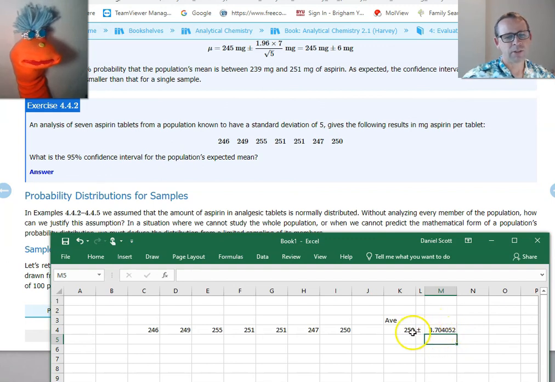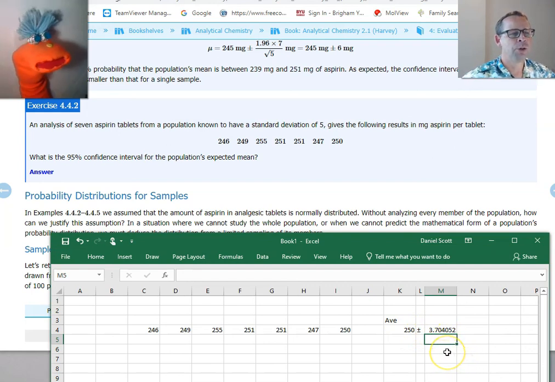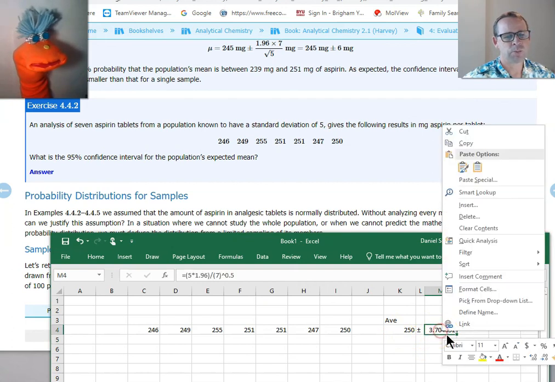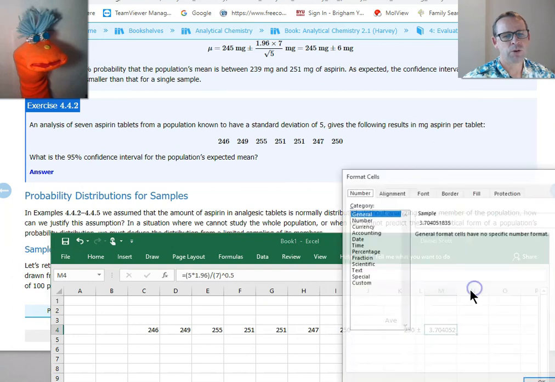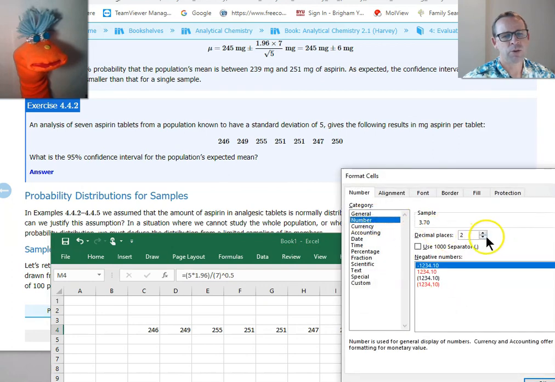Is that okay? 250 plus or minus 3.704052? Well, you don't need that many digits. The 0 is the last significant digit there, so we're going to cut off at 4, so it's plus or minus 4. Very good. So we want a number with 0 decimal places.